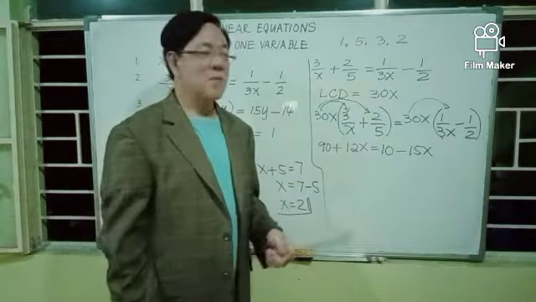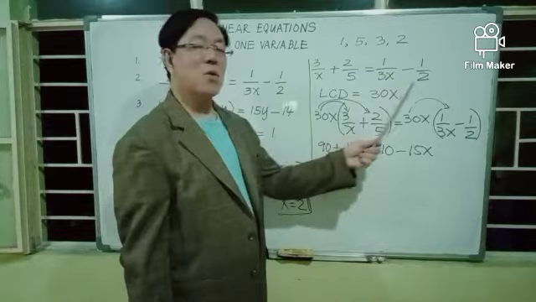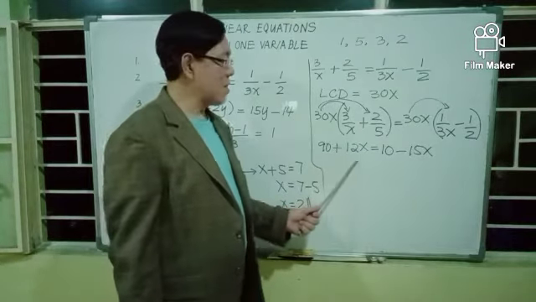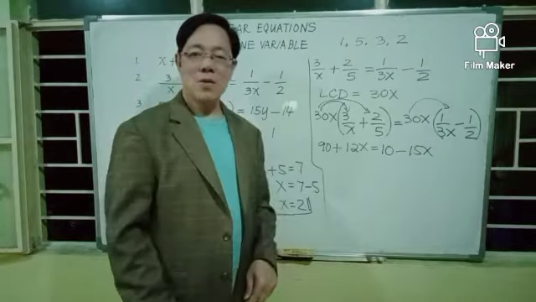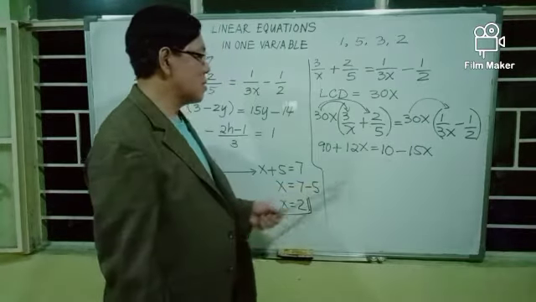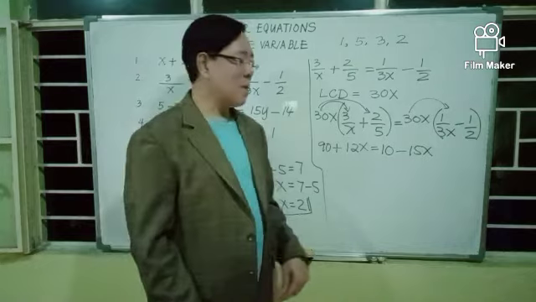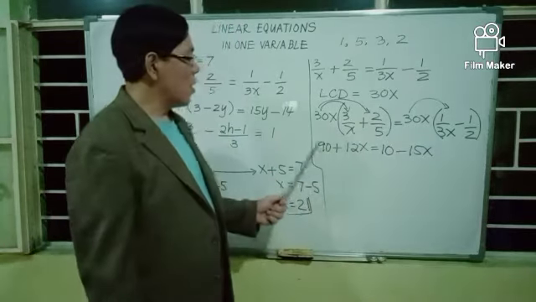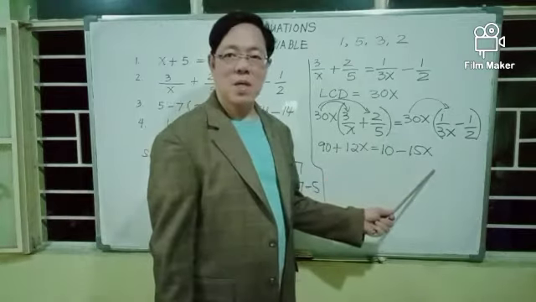So we have successfully removed the denominators, and we can now solve for x from this equation. To solve for x, all the terms with the variable x must be at one side of the equation, and all the constant terms must be at the other side.